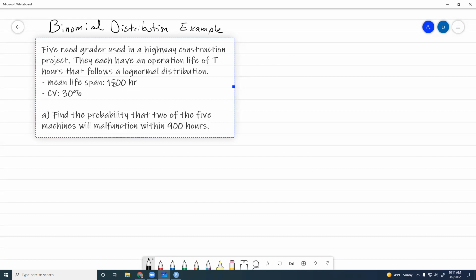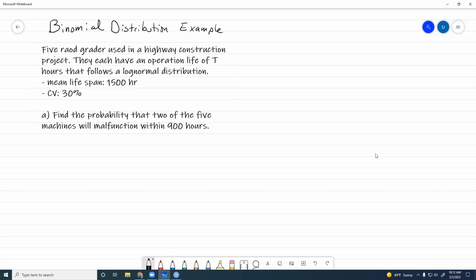And maybe it's critical for our projects that we have at least 3 operational more than 900 hours, right? So two fail or need maintenance of the 5 within 900 hours. All right, so there's a lot going on here. But first we'll answer this question, then we'll explore some other probabilities.